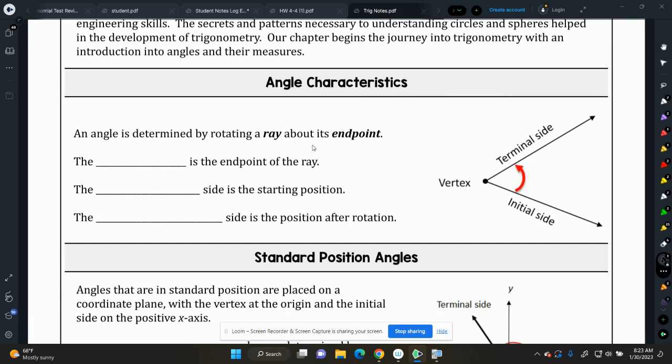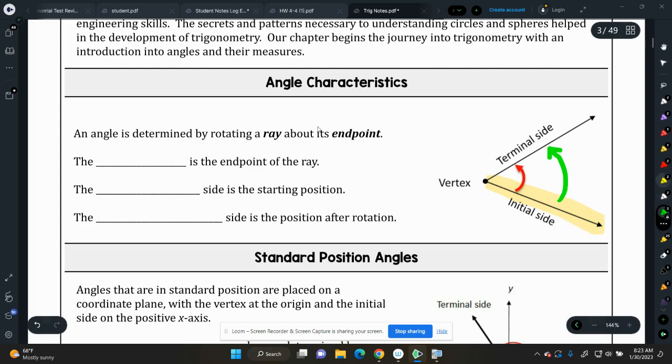When we're talking about a vector, we use vectors to represent motion. If you take physics, you'll work with vectors, right? So if we have a vector with an initial side, like this one is, and we rotate that vector, wherever it ends is what we call our terminal side.